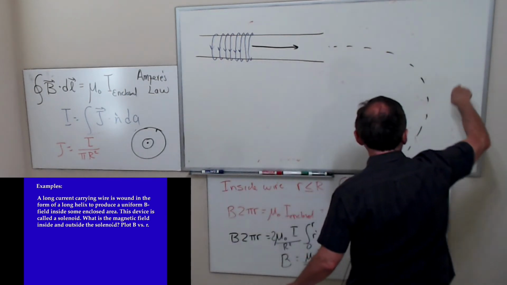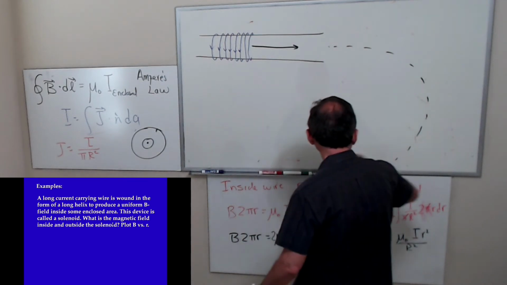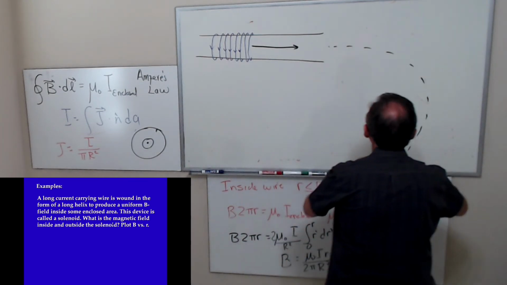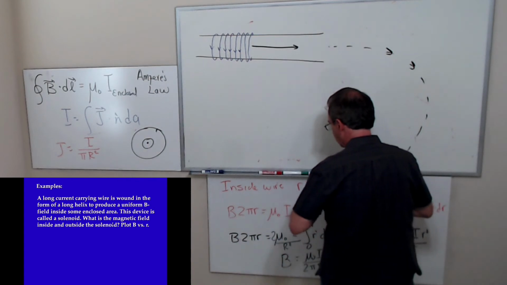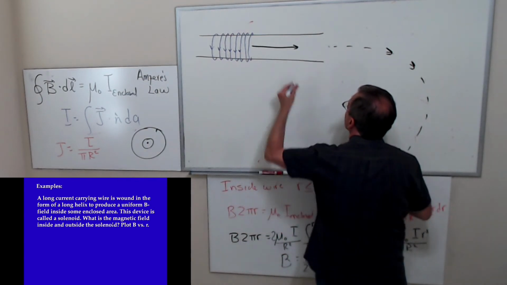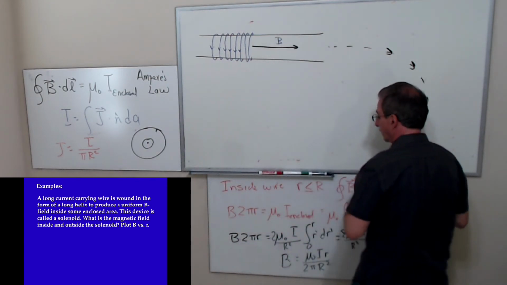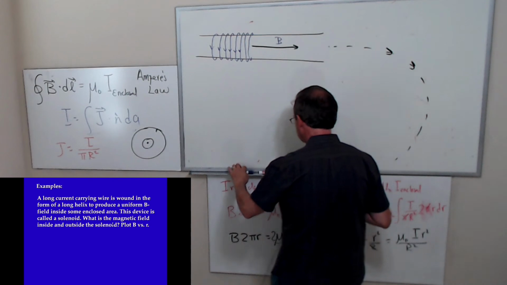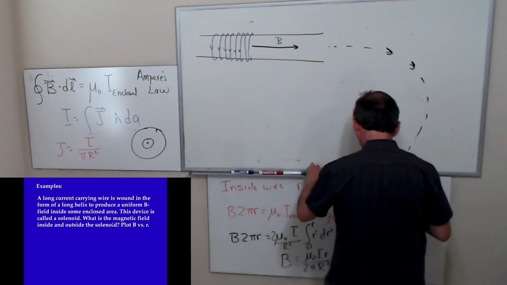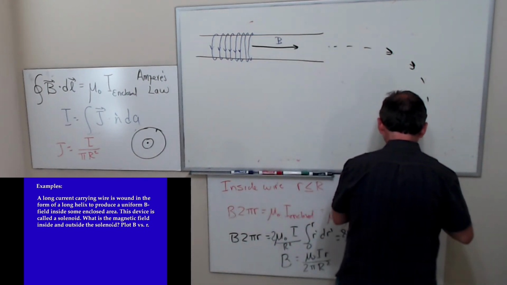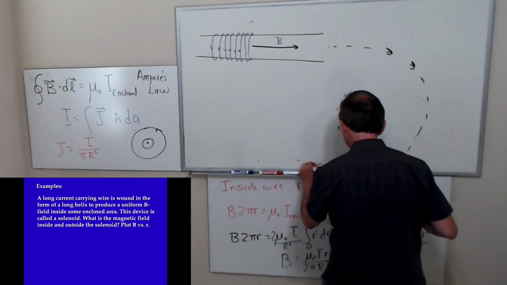Okay, so we know the field lines are going to loop like this, right? Going to loop like this. I should have used a different color. Suppose I choose a loop. In fact, let me just draw this one like so.